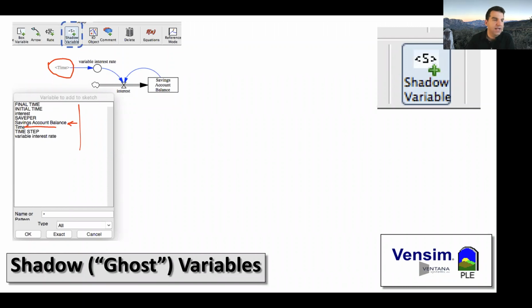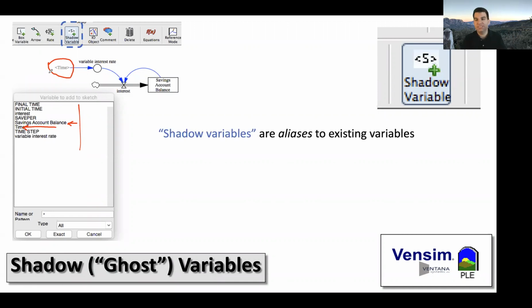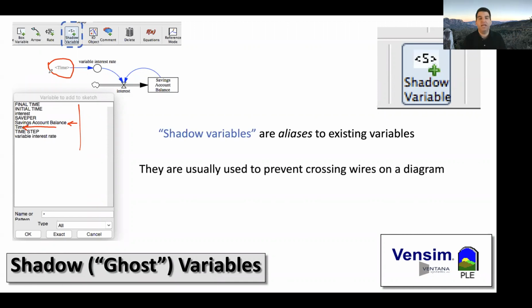So the clock, in whatever time units you specified in your model settings, counts that much time since the simulation began. And that number off that clock comes out of this time variable here. And that shadow variable allows you to create aliases to existing variables that can clean up things if you want to make long range connections.